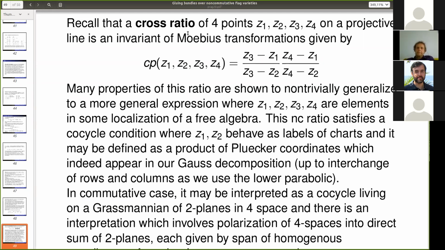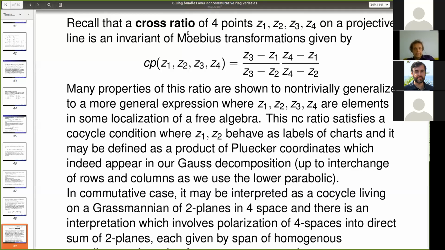Because in the classical case, you take the tautological principal bundle over the Grassmannian, and take the cocycle for it and compute it for certain neighborhoods.